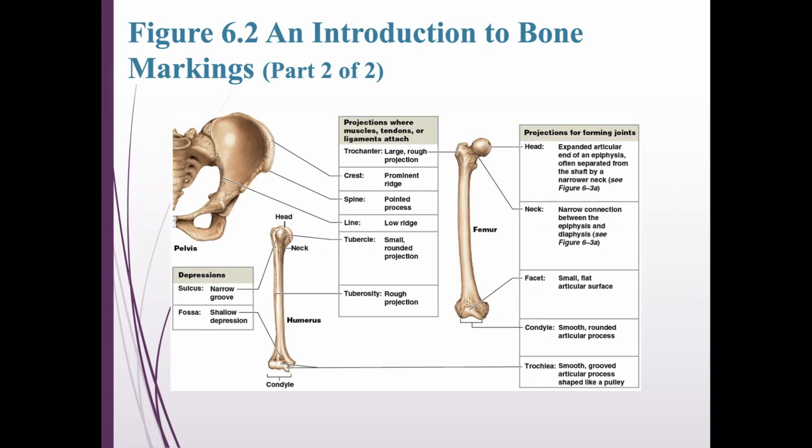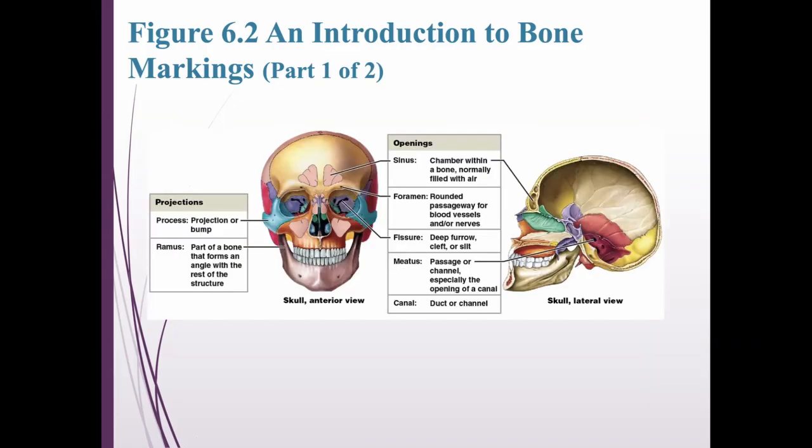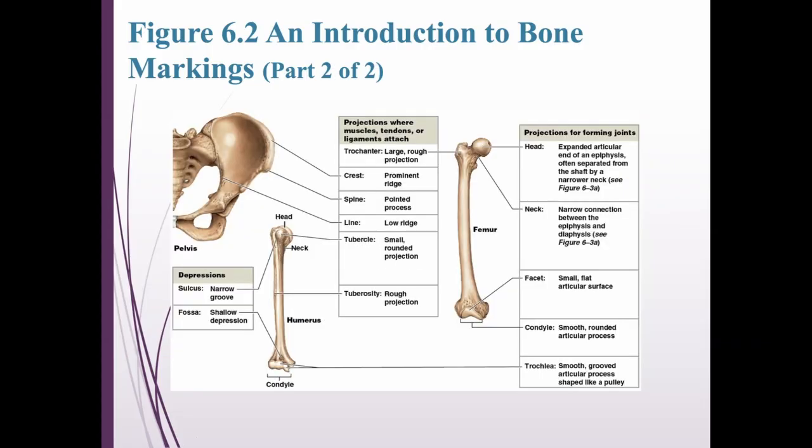So let's talk about the bone markings. With these bone markings, we talked about some of the bone markings here, some projections and some openings. We also have some depressions, other projections. These are projections where muscles, tendons, or ligaments are going to attach, and then also these are projections for forming joints.